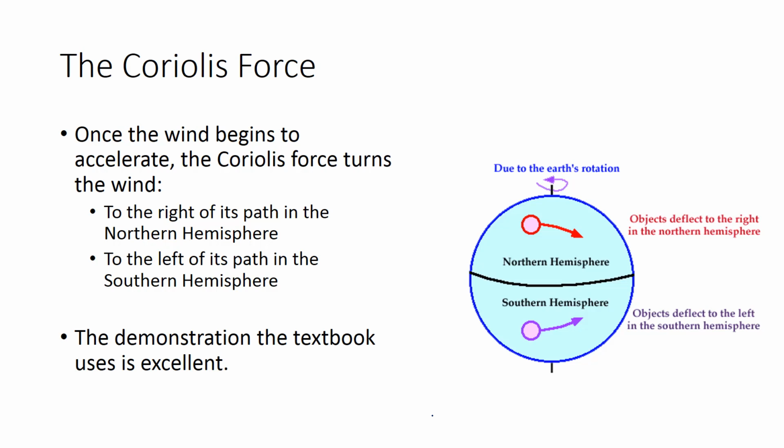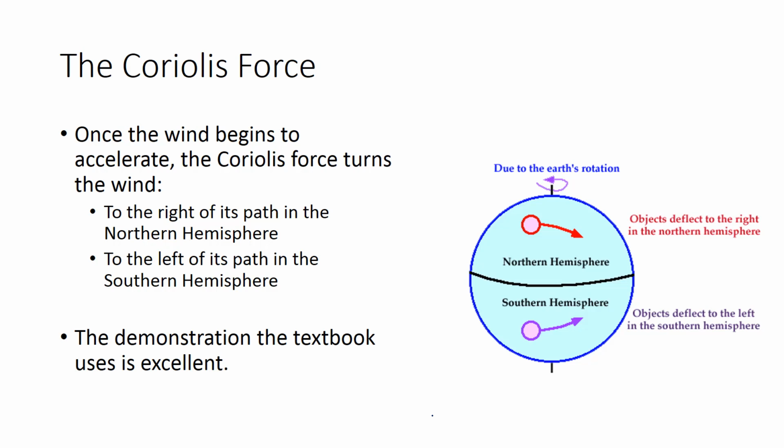So it's because we are living on a big globe that is rotating. And because the Earth is rotating, that actually causes the wind's path to move relative to the surface of the Earth. That actually deflects the wind.